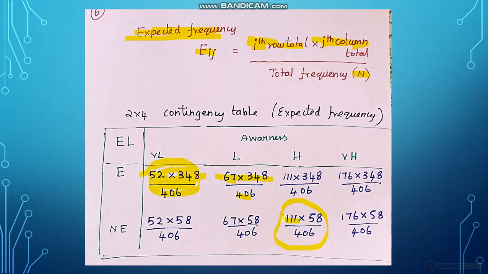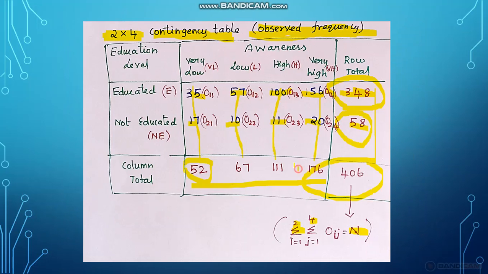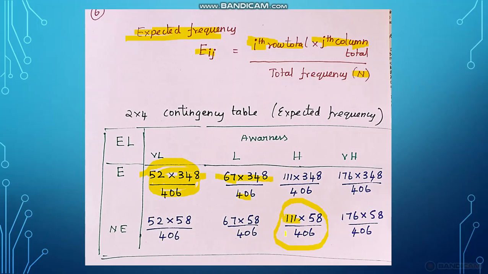The third column total is 111. So by using this formula, the ith row total into the jth column total divided by the total frequency, you will get the 2 into 4 table of expected frequency.